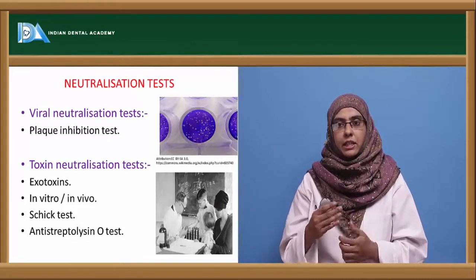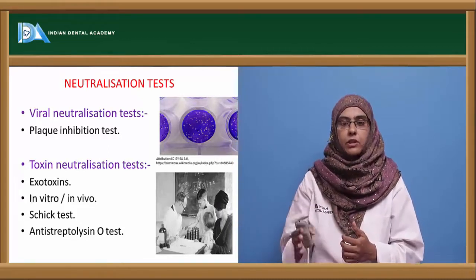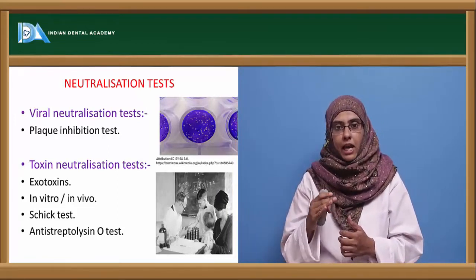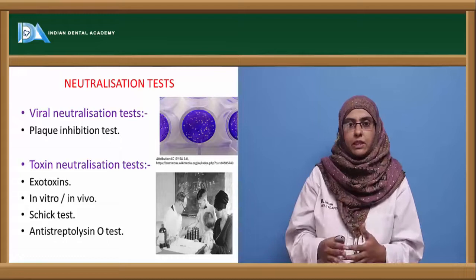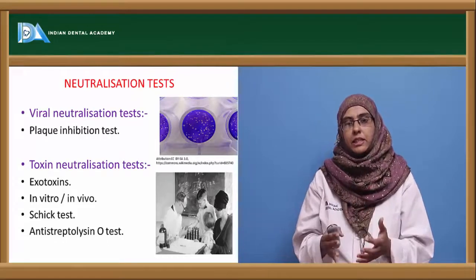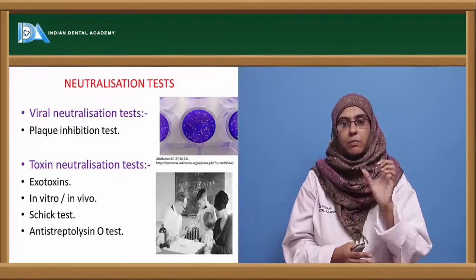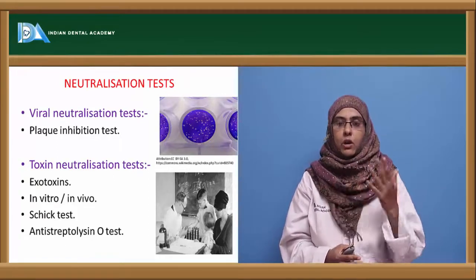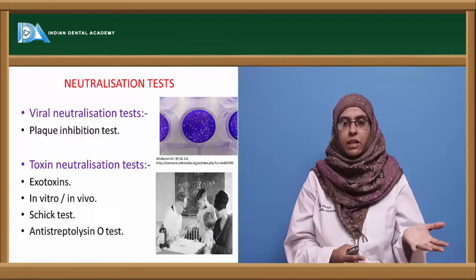So this plaque indicates a positive test for virus pathogenesis. We can add an antiserum to that test and inhibit the plaques that are formed. This is called a plaque inhibition test, which does not allow the virus to cause pathogenesis to the bacteria and cause lysis.